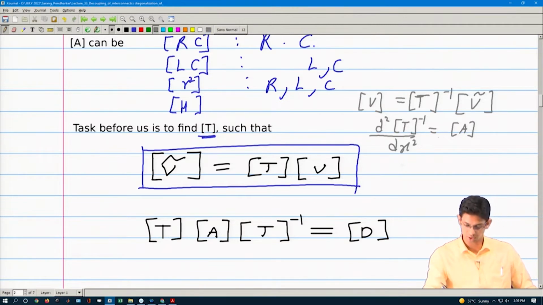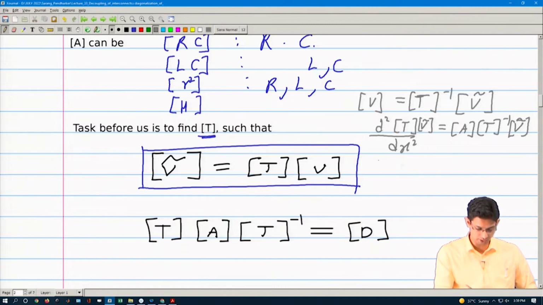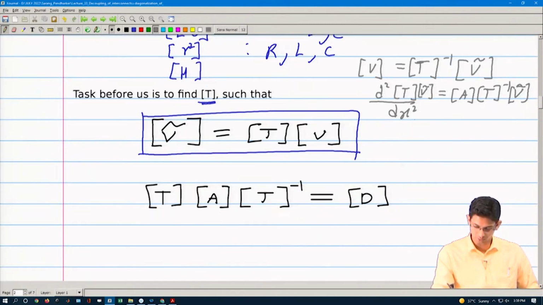So, in this case, let me write the final thing. This would be T inverse into V tilde, then there will be a V tilde term here. Then you can bring it on this side, and finally, what you will be getting is a term like this.